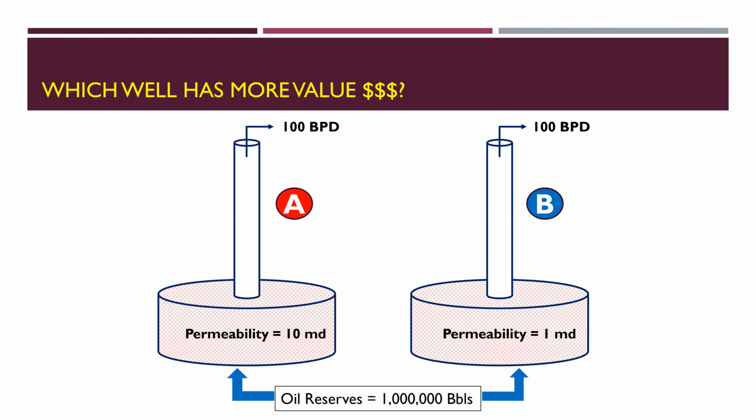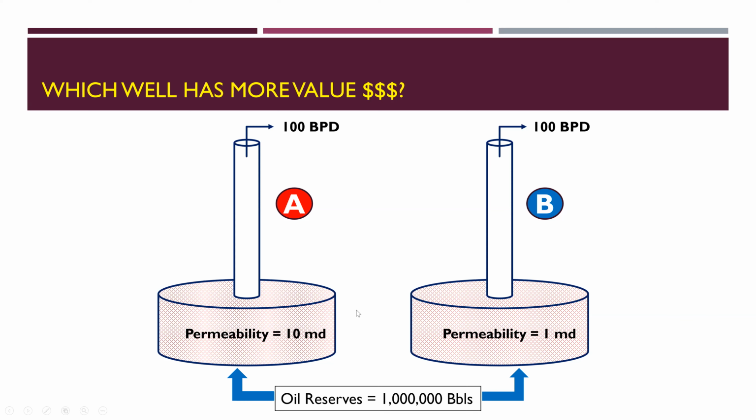The second factor after wellbore storage that we need to evaluate, whether it exists or not, is the skin. We have a good example here of two wells. The first well, well A, is producing the same amount of barrels as well B, despite the permeability here being 10 millidarcy, meaning 10 times the permeability in this reservoir.